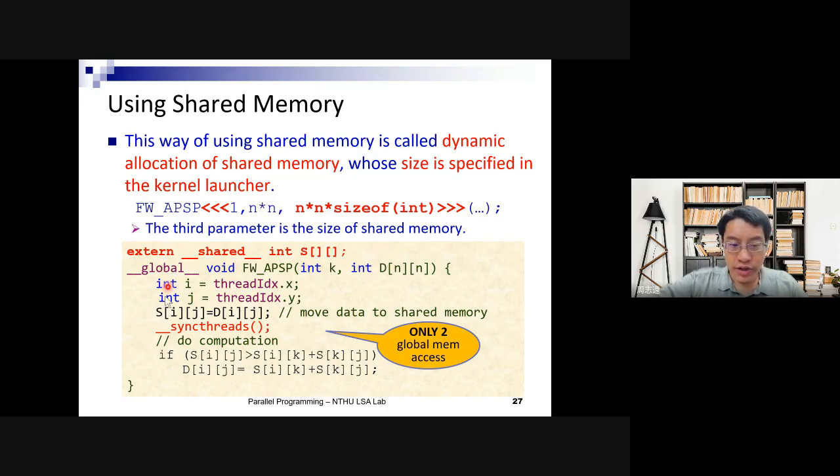You can see over here, we simply let each thread move a single data item from D to S. And at the end, after this statement, if all the threads complete their statement here, then it implies the whole matrix D has been moved to S already.